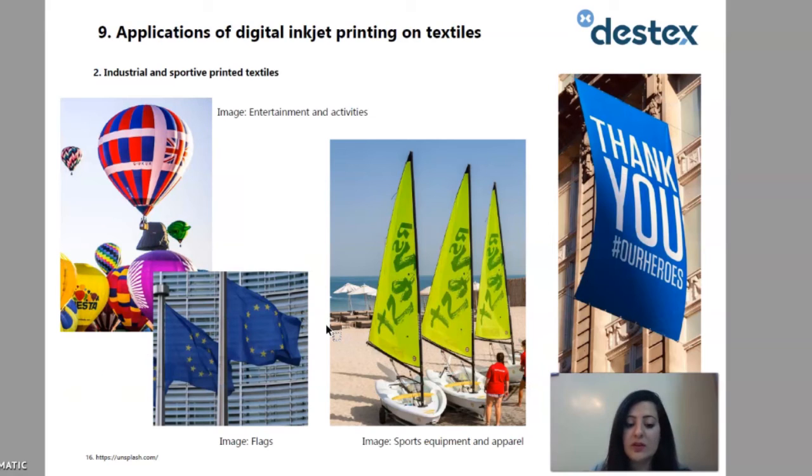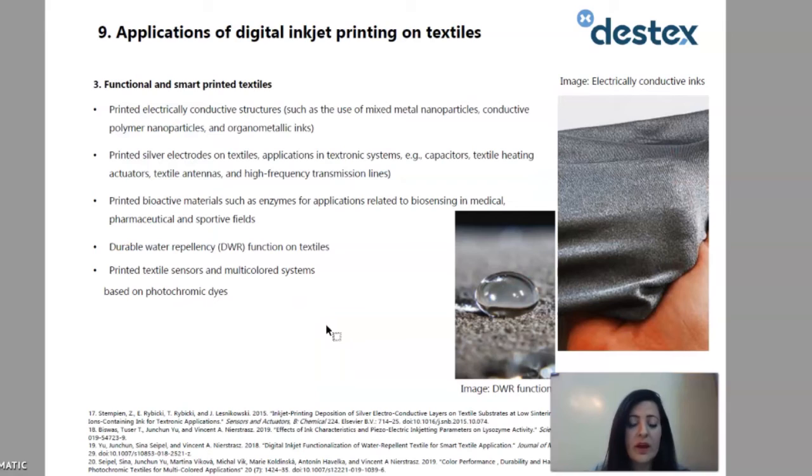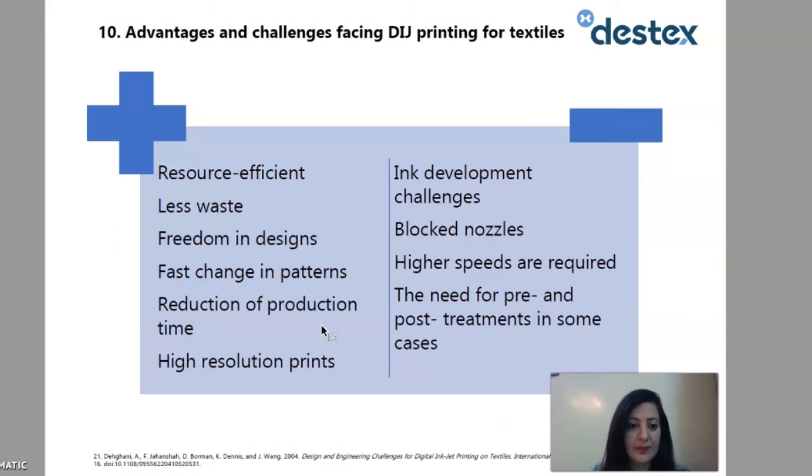We use it in entertainment, in ads, in sports, and so on. But also lately, this technology has been used in functional and smart textiles as well, to introduce new functionalities like electrical conductivity or water repellency, and even bioactivation with enzymes.